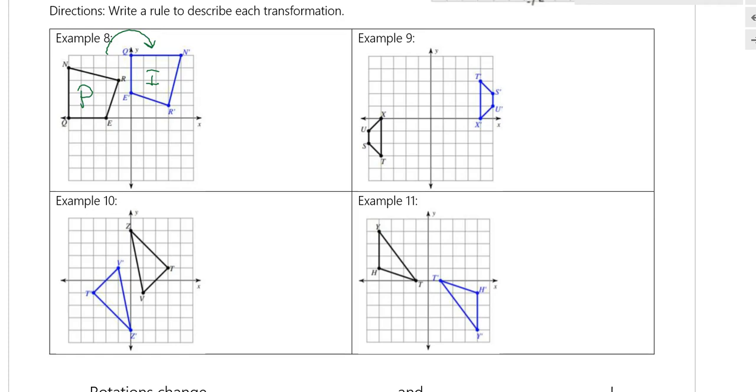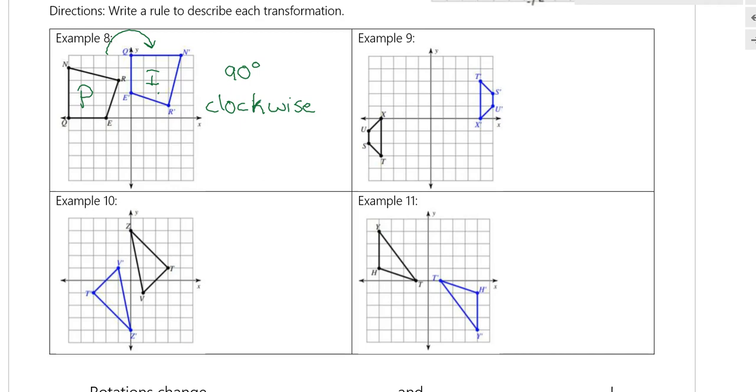So it only went one quadrant. So this is 90 degrees. And did it go the way a clock goes or the opposite way a clock goes? Right? This is clockwise. Okay. Clockwise.